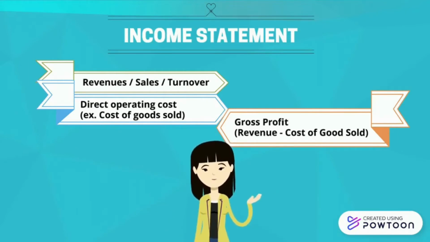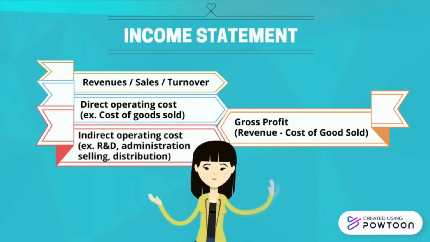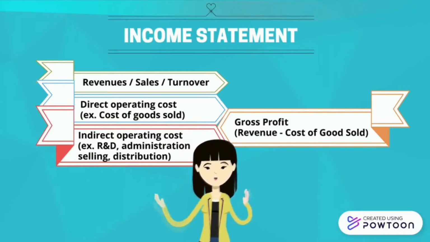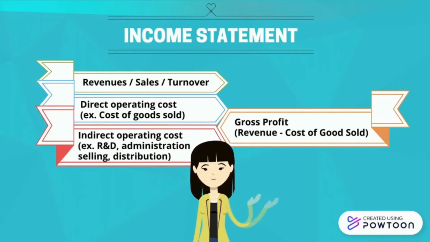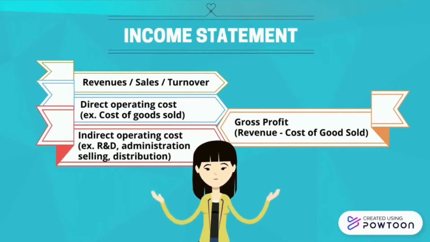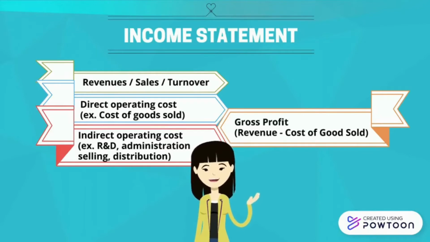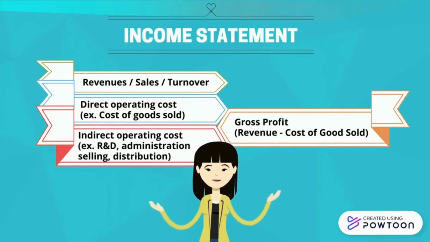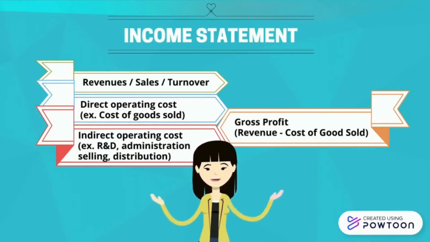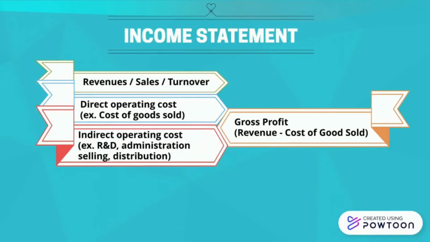Next on the income statement comes the indirect operating cost. This includes things like research and development, administration, selling, and distribution. Several of these line items may be grouped into one, sometimes called selling, general, and administrative expenses or SG&A, or just general and administrative costs, G&A.